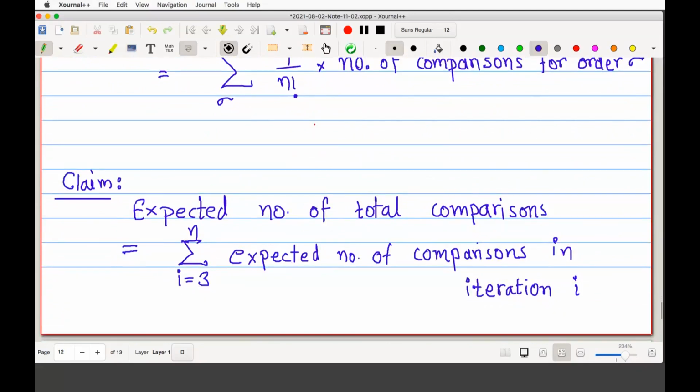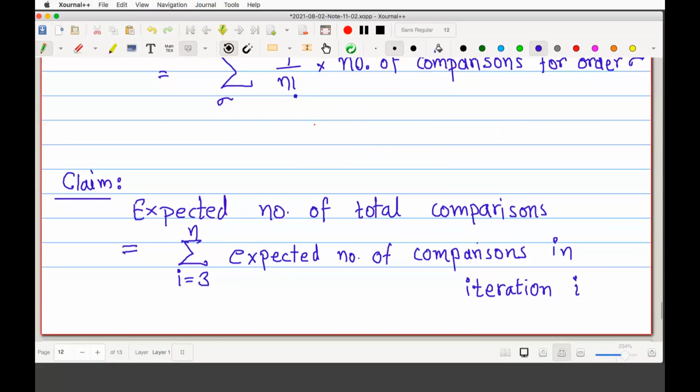So here is my suggestion that we go over all iterations, and in each iteration we compute the expected number of comparisons, right? So from i equal to 3 to n, this is my loop over all iterations, and in each iteration let's compute the expected number of comparisons, and then add all of them.